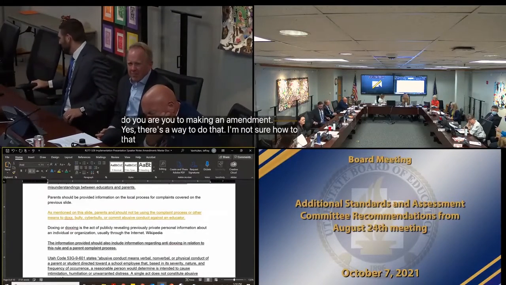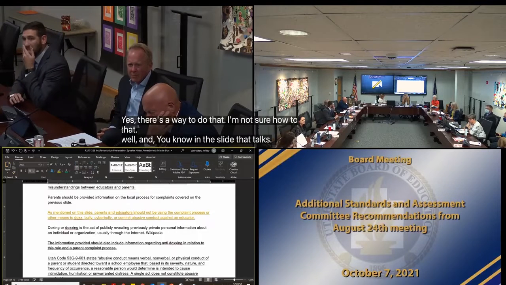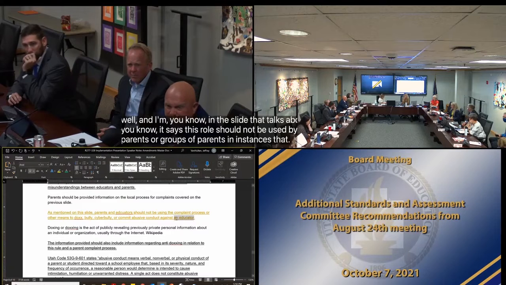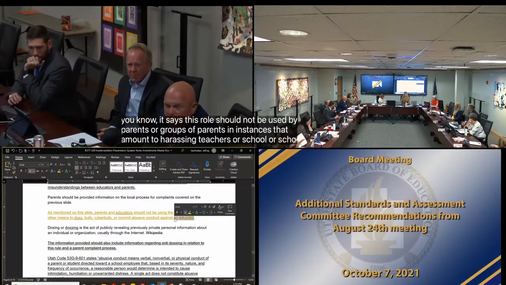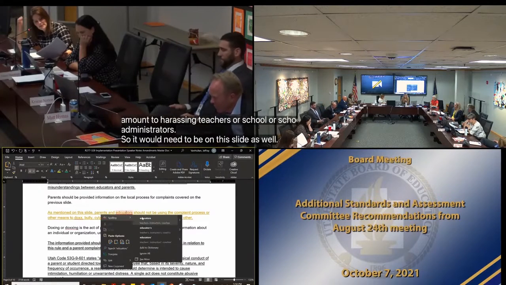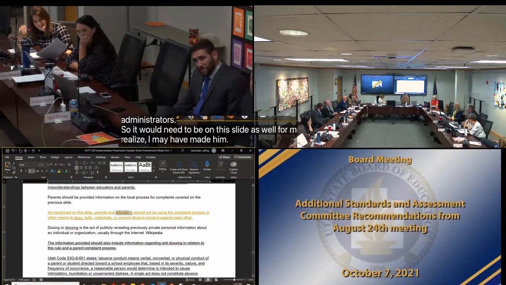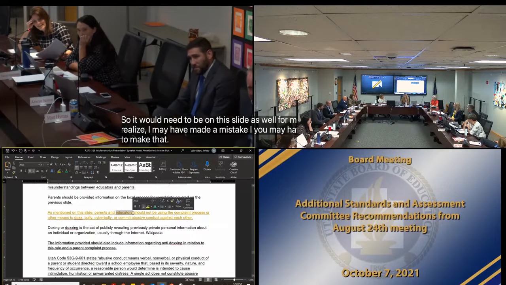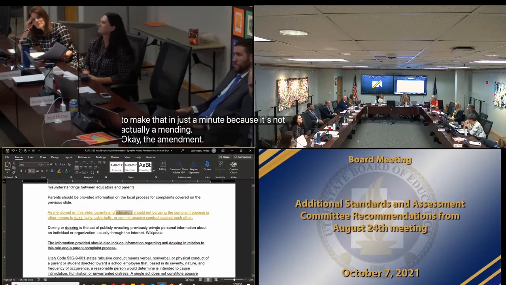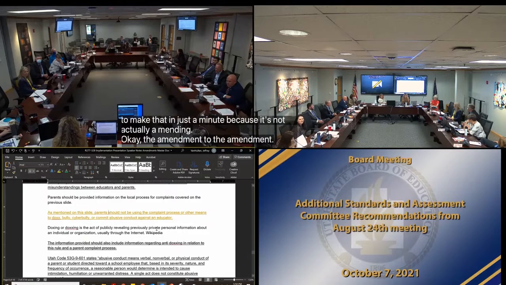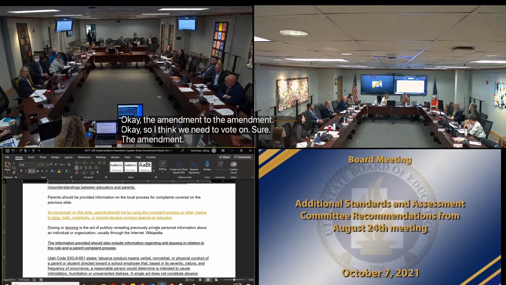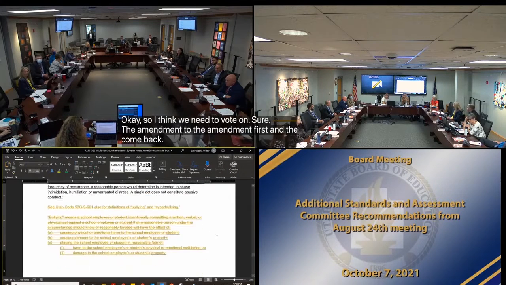Well, in the slide, it says this rule should not be used by parents or groups of parents in instances that amount to harassing teachers or school administrators. So it would need to be on the slide as well. Board Member Klein, I may have made a mistake. You may have to make that in just a minute because it's not actually amending the amendment. Okay, so I think we need to vote on the amendment to the amendment first and then come back and make another amendment.